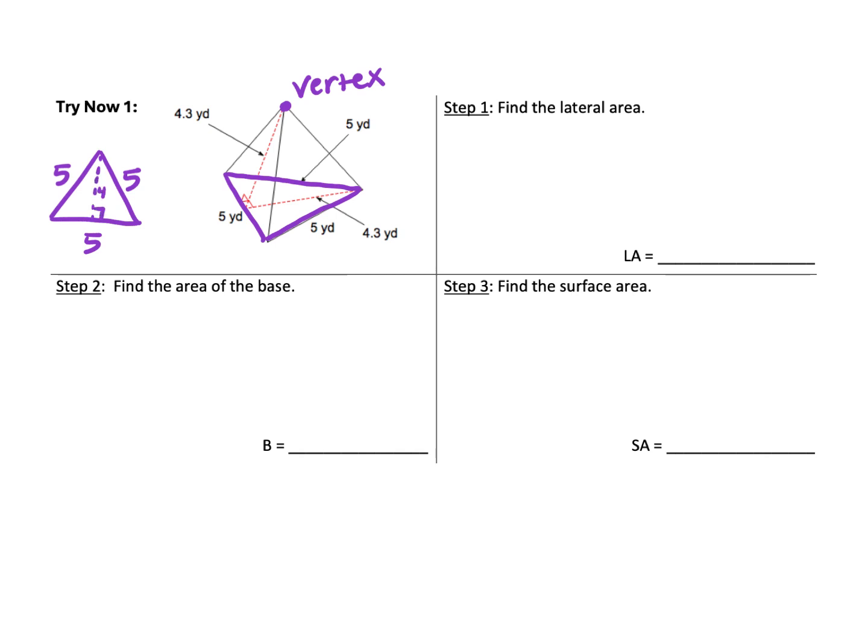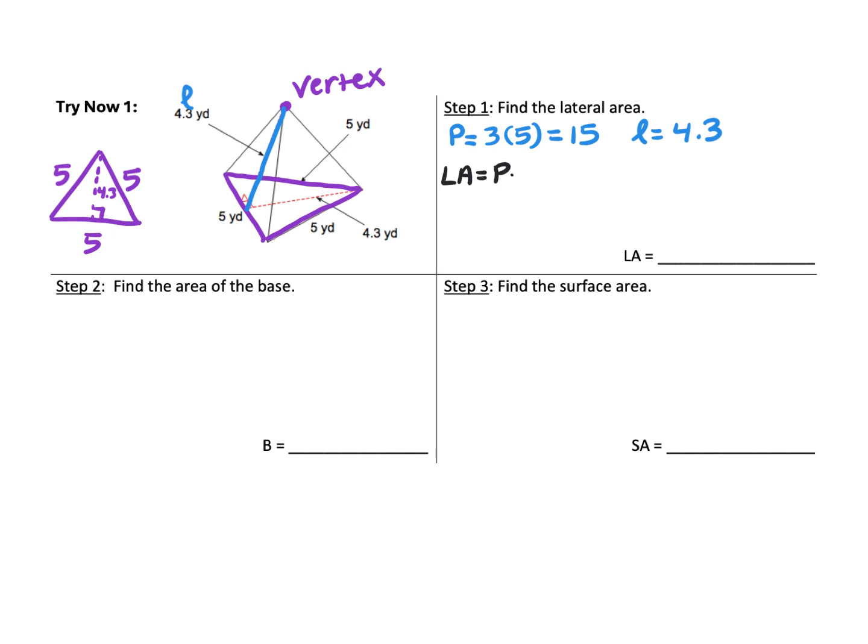So 4.3 right there. Starting with the lateral area, though, we know that the first step is to get the perimeter. And the perimeter of the base is equal to, there are 3 sides, each side is 5. 3 times 5, 15. The slant height is that 4.3. It goes from the vertex to the center of an edge of the base. So for our lateral area, let's just plug those into our equation.